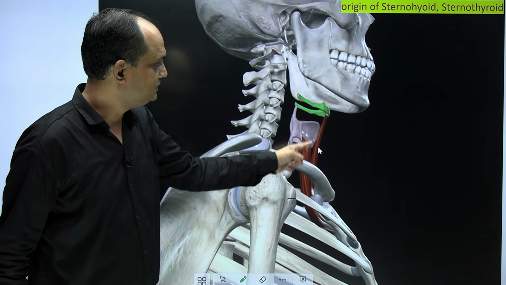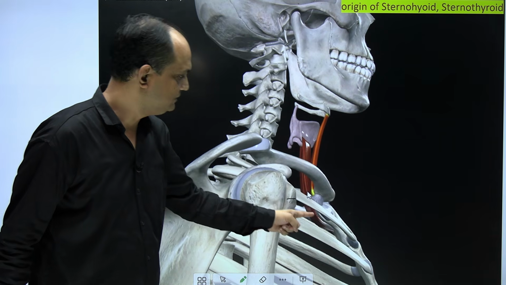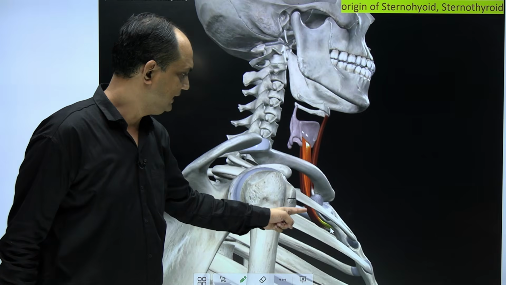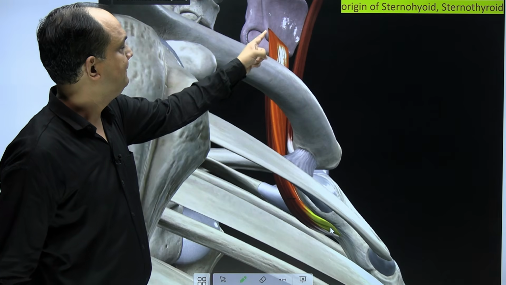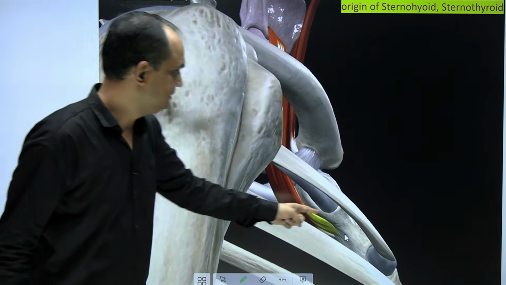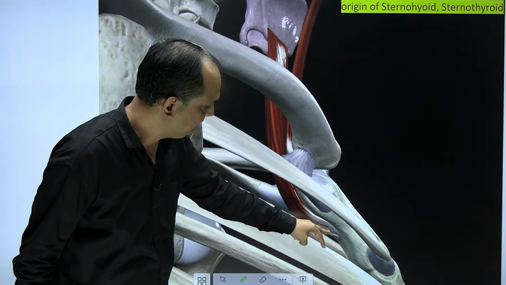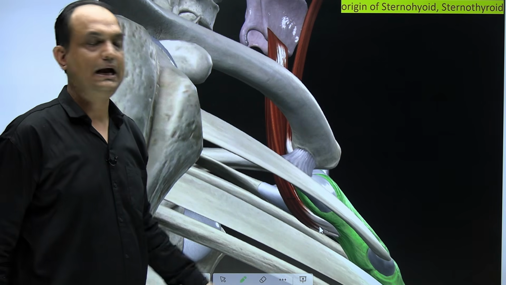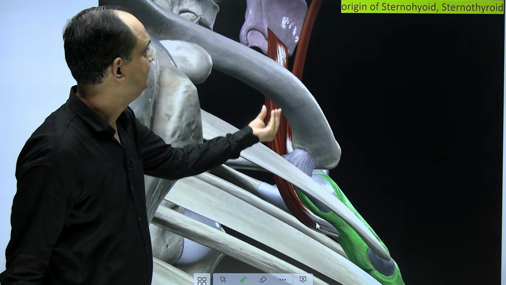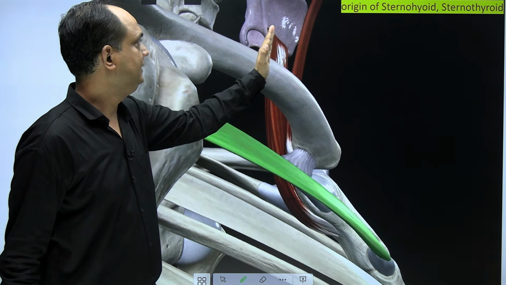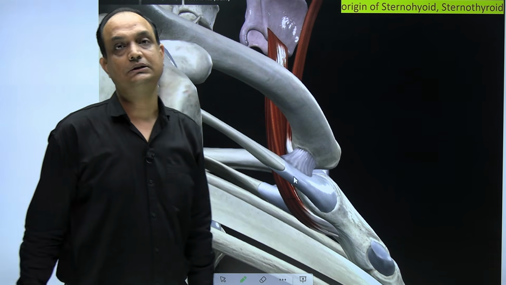Now deep to the sternohyoid you have one more muscle which is coming from the posterior surface of the sternum. It is again ascending into the neck, approaching the thyroid cartilage, and is the sternothyroid. So from the posterior side you have the origin of two muscles, and both of these muscles are ascending into the neck. The superficial one is sternohyoid and the deep muscle is sternothyroid.